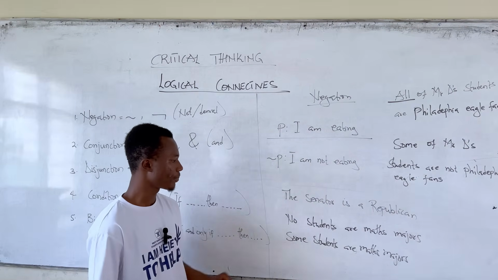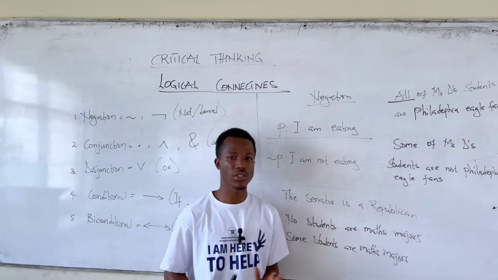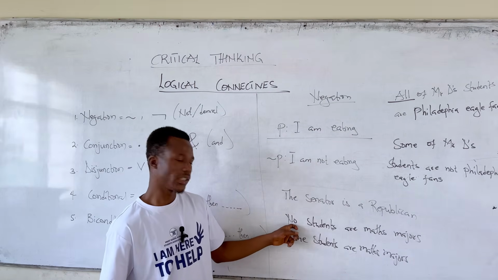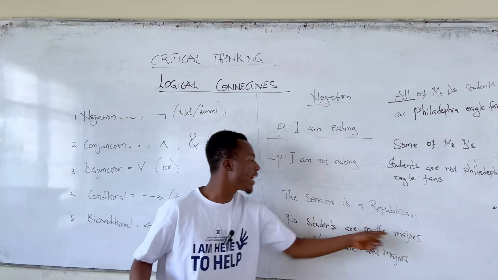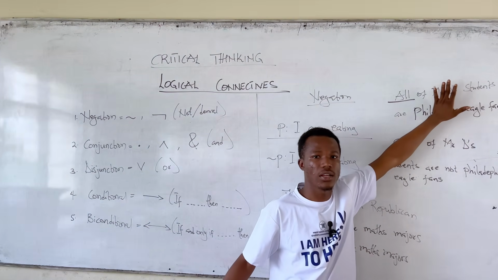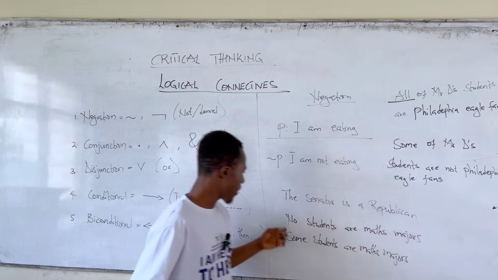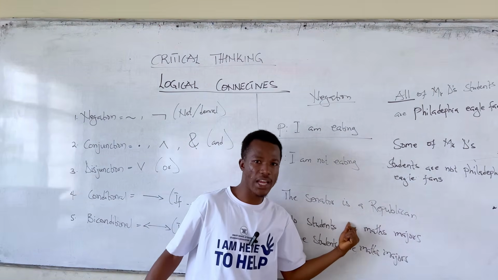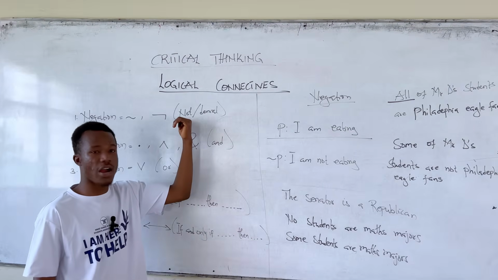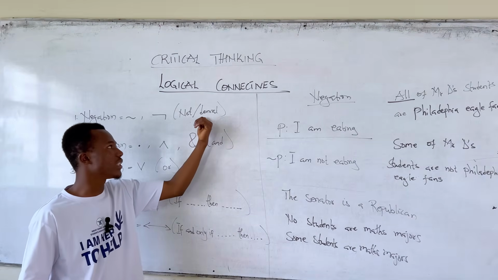Then we come here. No students are math majors. This one, there is no here, telling you that the statement is already a denial. Unlike this statement, which is not a denial. It's a statement on its own. But this statement is already what? A denial, because there is no here. And this no is somehow the same as the not or denial, right?